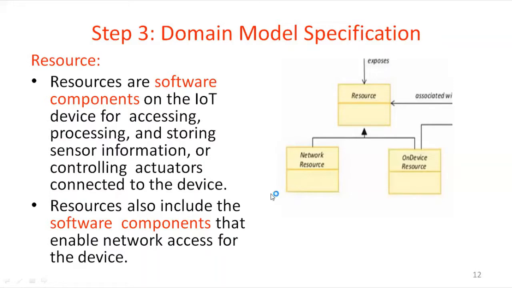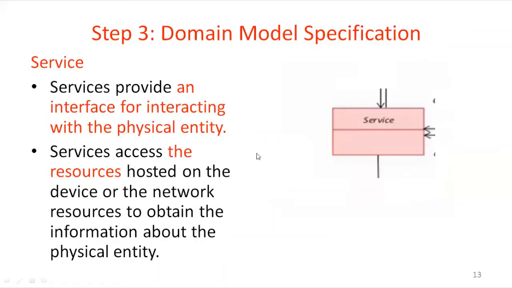Coming to the next important one, service. How can you represent the service here? A service provides an interface for interacting with the physical entity. For example, there is a physical entity, let us assume represented as a rectangle box. What is the service here? The service provides an interface for interacting with the physical entity.